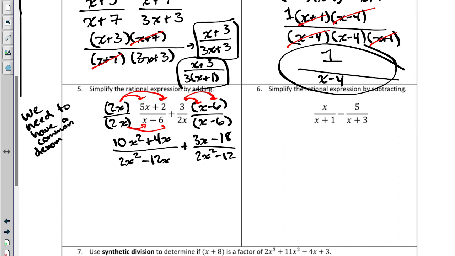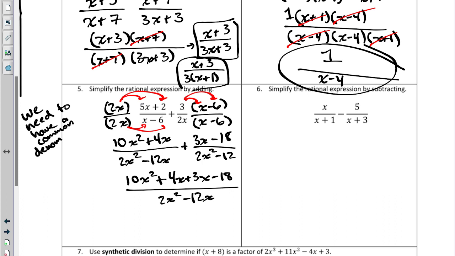And now we have these two rational expressions that we can add together because they have a common denominator. And so here's what it's going to look like. All you have to do is add the terms on the top. You don't have to add the terms on the bottom. And so it's going to become 10x squared plus 4x plus 3x minus 18 over 2x squared minus 12x.